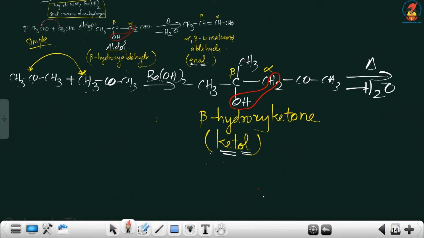But which carbon has the lowest number of hydrogen? This one. So the final product will be, just copy from the previous one, CH3, C, on the top there is CH3.